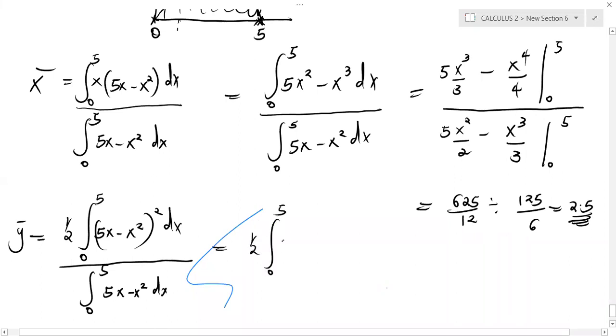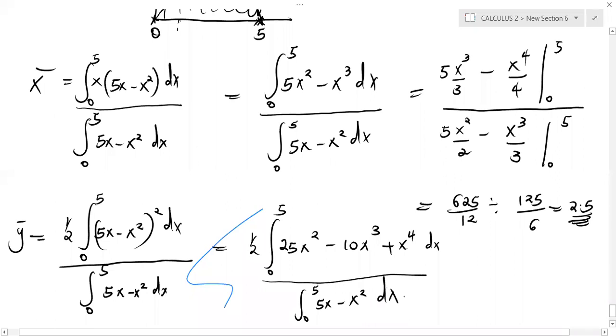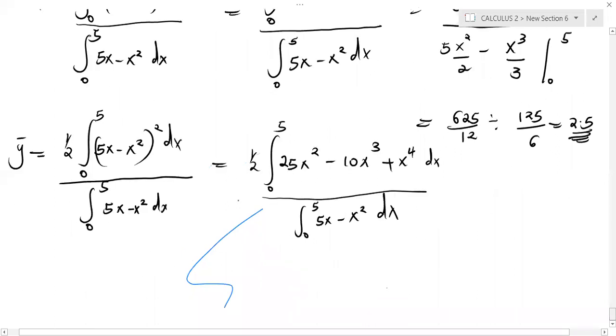If we square this, we'll have 25x squared minus 10x cubed plus x raised to power 4 dx. All this divided by the integral from 0 to 5 of 5x minus x squared dx. Okay, fine. Let's integrate the numerator, then integrate the denominator.